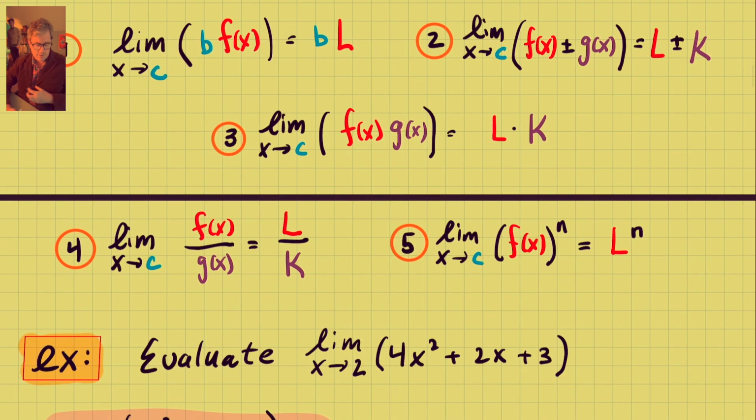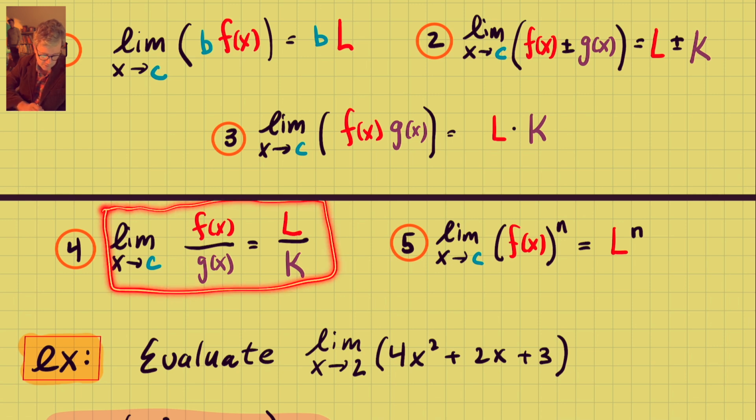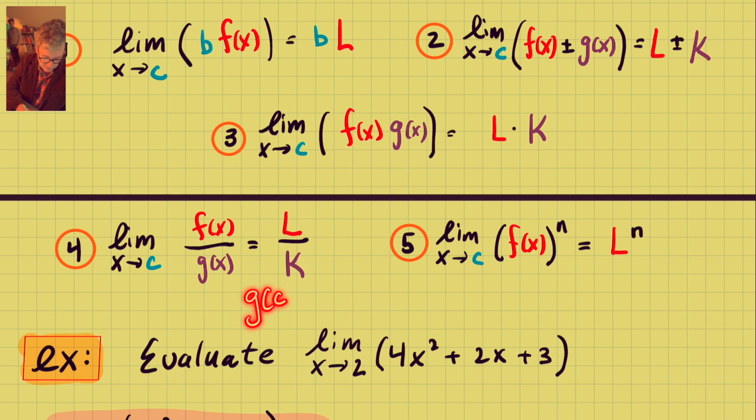Item 4 is real similar to item 3. Item 4 says the limit as x approaches c of f of x divided by g of x is equal to L divided by k. Now, I don't have it written on here, but it's very important that k not equal 0.